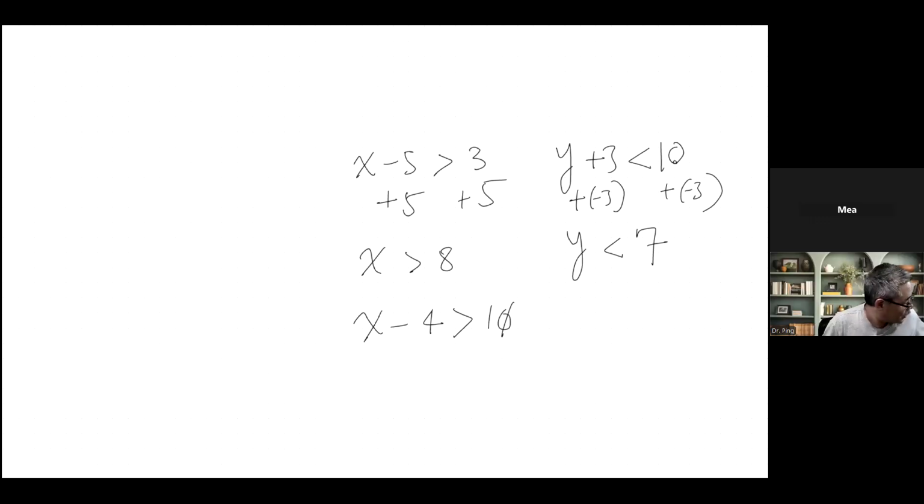Very good. Again, since we're doing algebra, it really doesn't matter what variable we use. It could be all kinds of letters. It just means some unknown, and it means the same thing. We just use different letters. Okay, let's do that one.